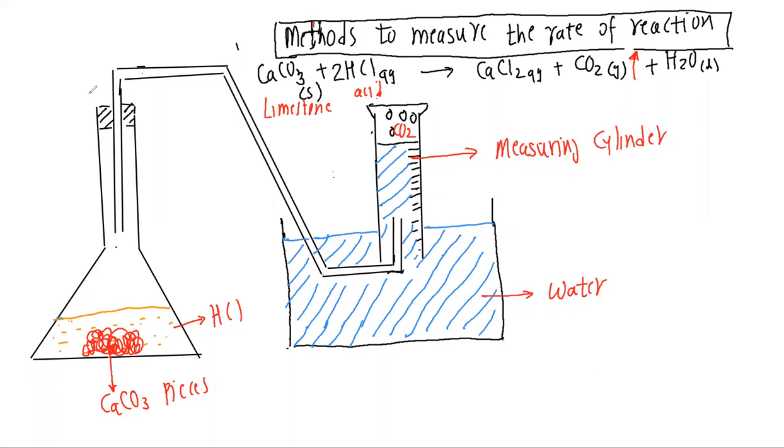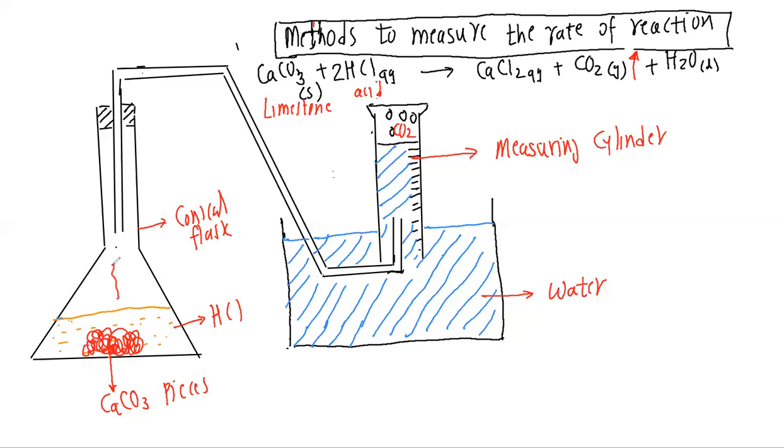So let's understand the experimental setup. There is a conical flask in which we have taken calcium carbonate pieces, limestone pieces, and we have put HCl. As the reaction starts, the carbon dioxide will start getting produced.